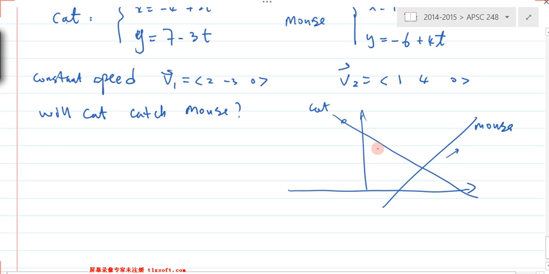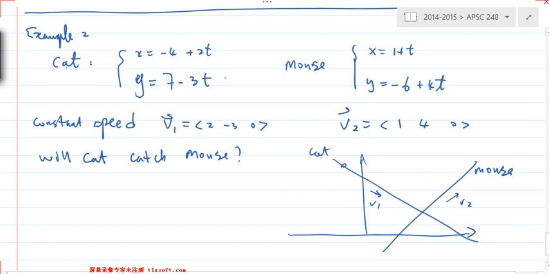As you will see, when you draw the vectors v1 and v2, they're pointing one in this direction, one in that direction. That's almost to the right scale. Think about this: the cat will travel along here, the mouse will travel along here.